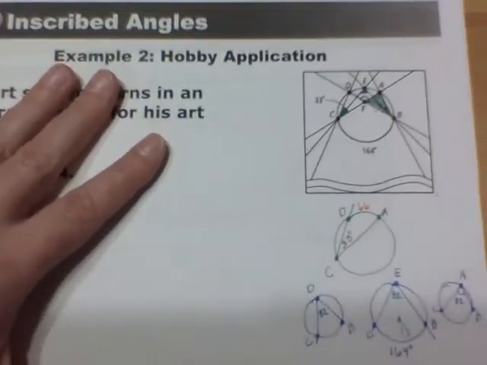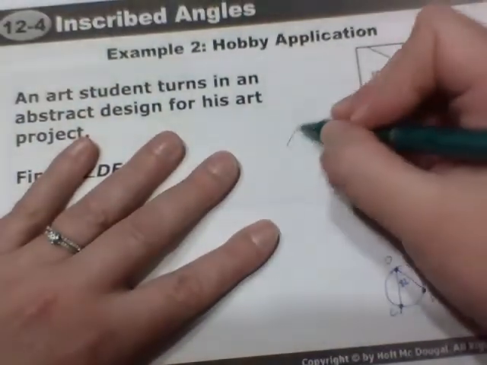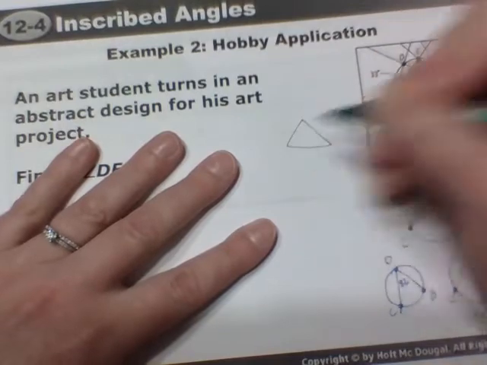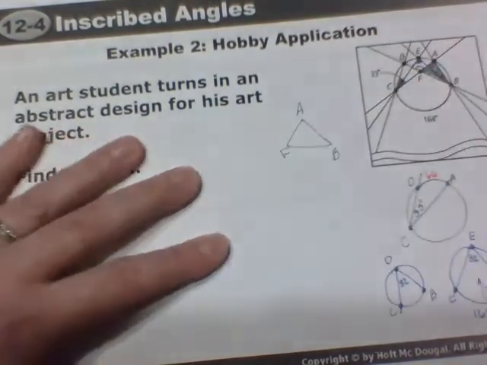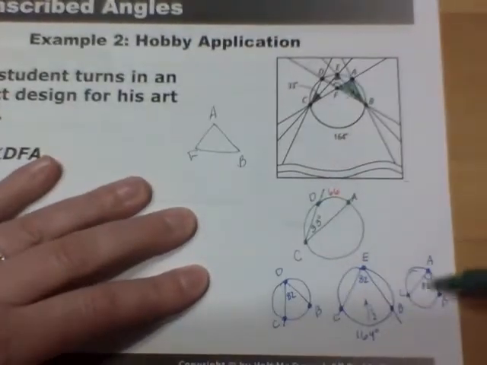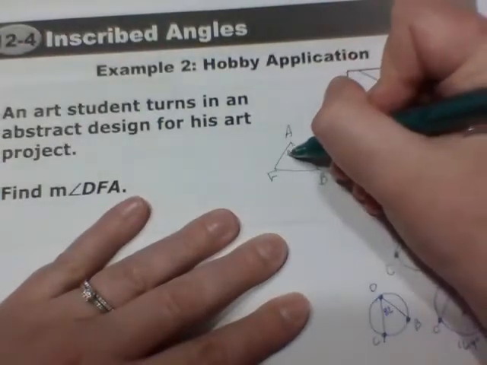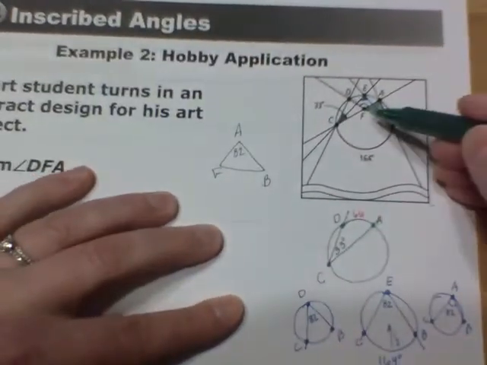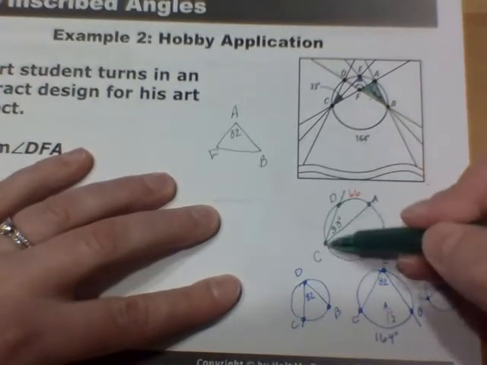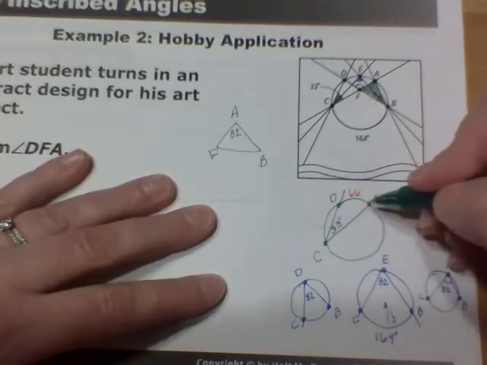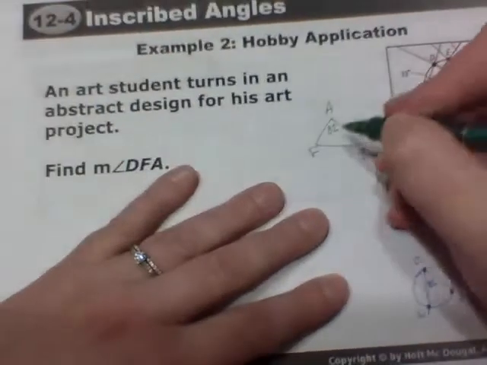of FAB, which is fabulous. And A, we just said, was 82. B, we already said, was the same as C. So B is 35.